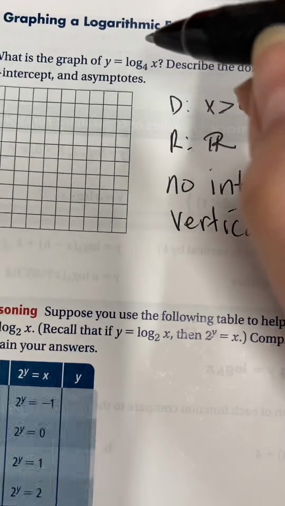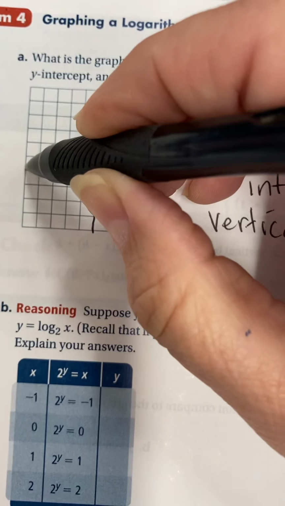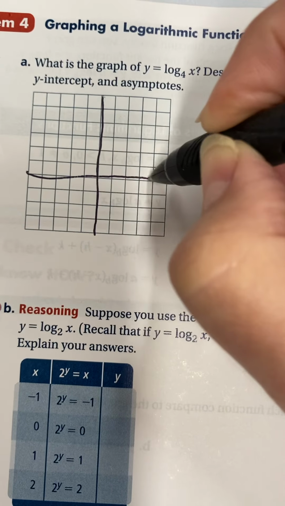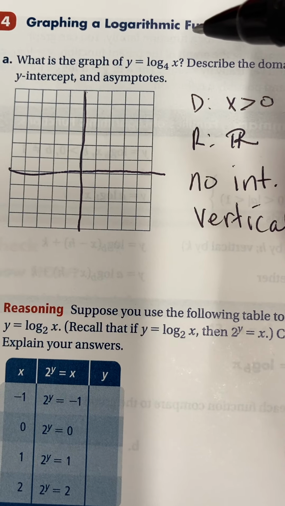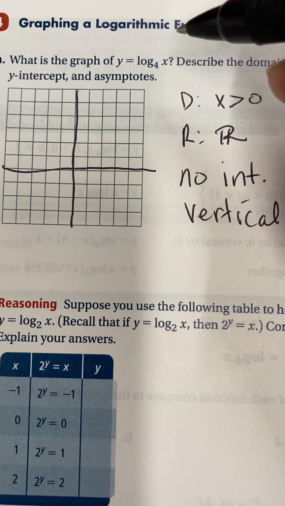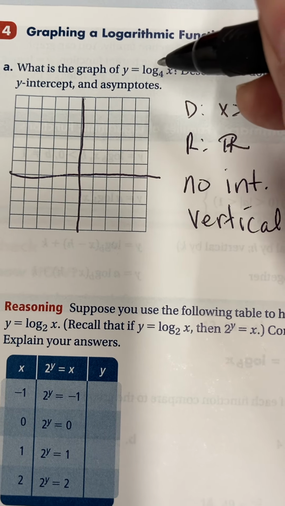All right, so let's go ahead and kind of graph this a little bit. Well, that was bad. All right. We can go through and just put a few things in.